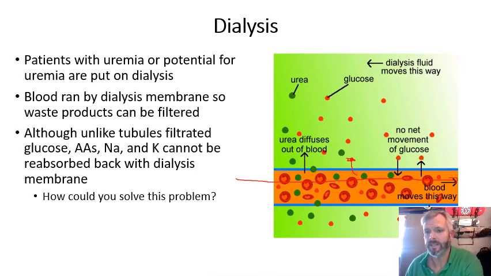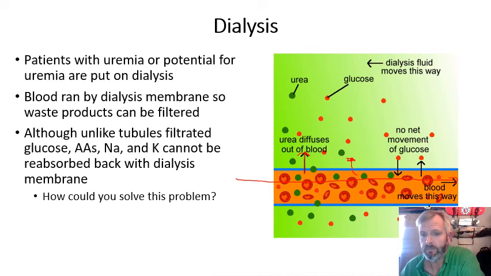So how do we keep them in? What we need to do is we need to make concentration gradients. This dialysis fluid should have low amounts of urea because we want to pull urea out of the blood.